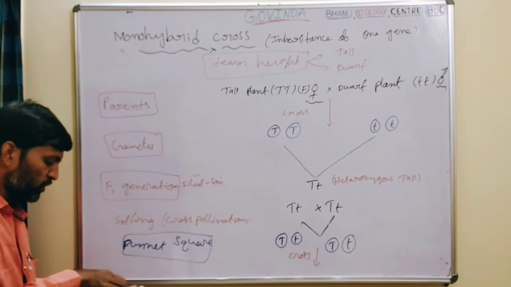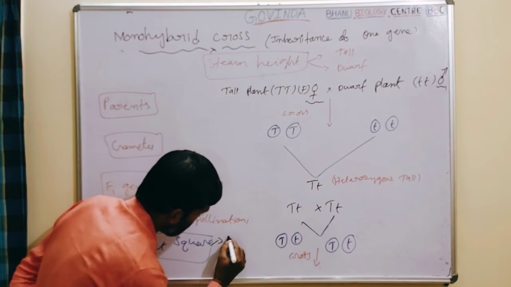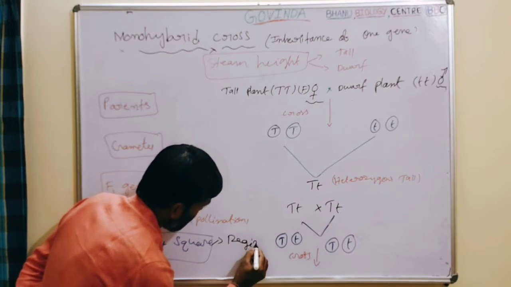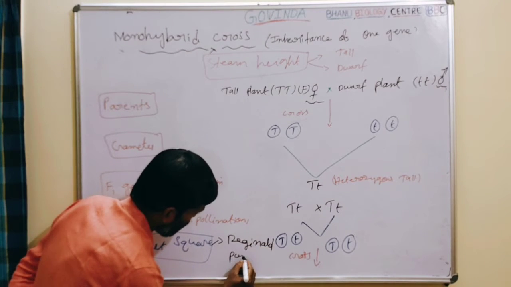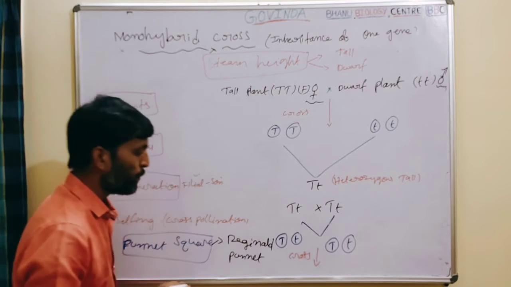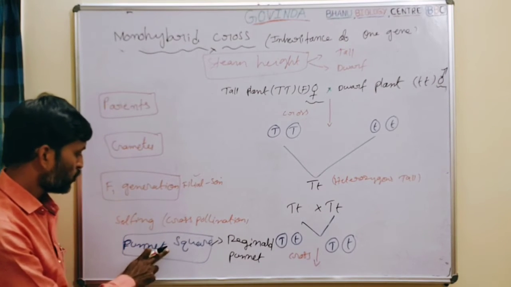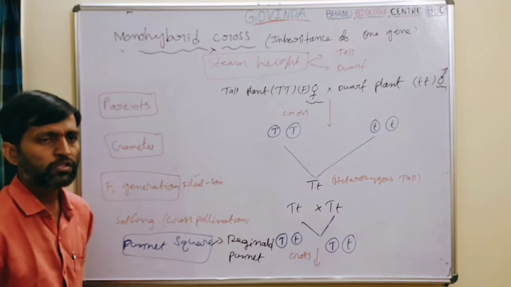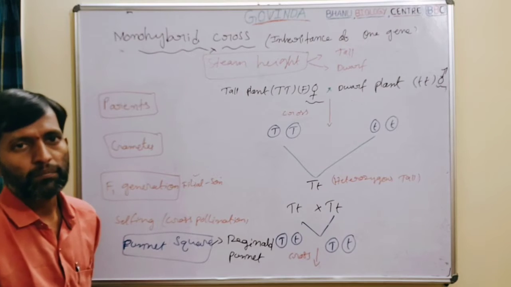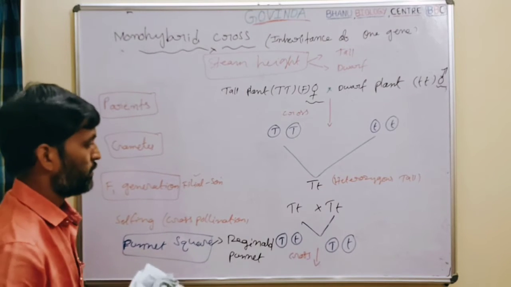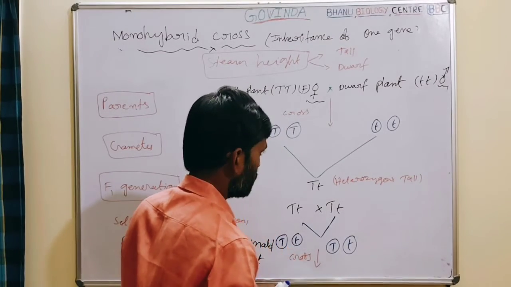Actually, this Punnett square was first used by Reginald Punnett. Reginald Punnett was the scientist who used the Punnett square for the first time to explain the genotype of the organism in the F2 generation. So let me draw the Punnett square.